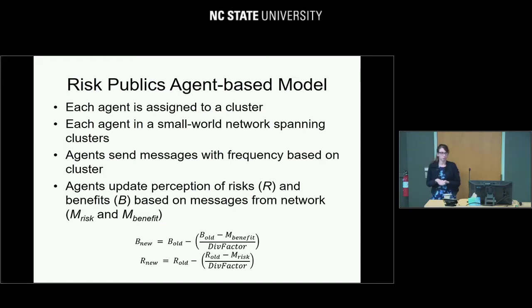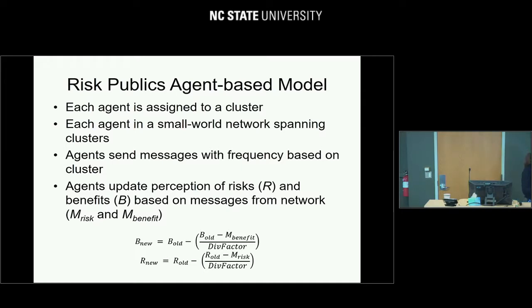Agents send messages with frequency based on their cluster. In the survey, we asked how often people are talking about this technology or related ideas. And so from there, we got a relative frequency of talking about water reuse that we could use in the model.